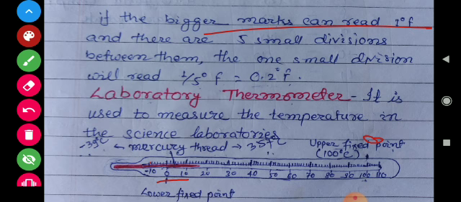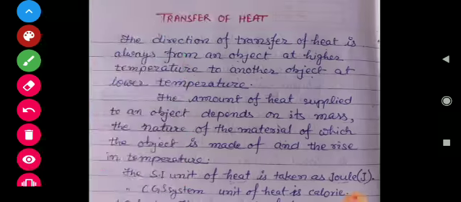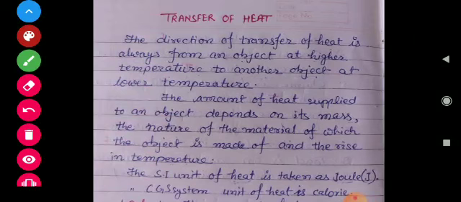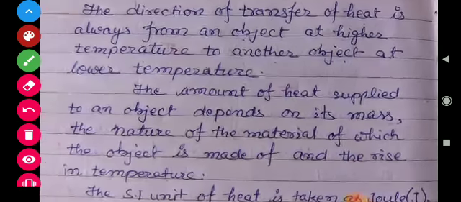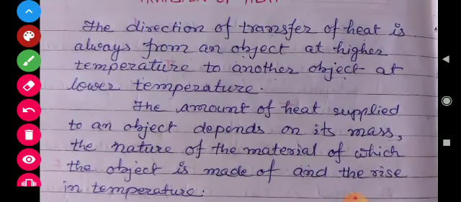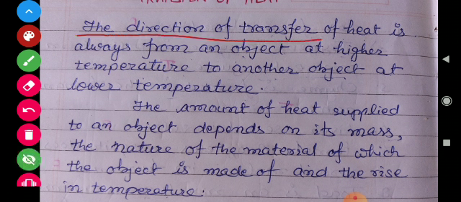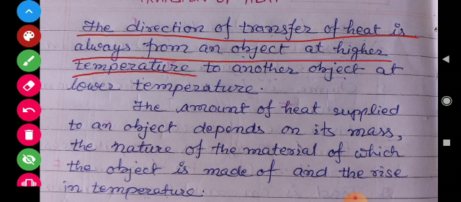After this, students, we will discuss the transfer of heat, and how it takes place. The direction of transfer of heat is always from an object at higher temperature to another object at lower temperature.